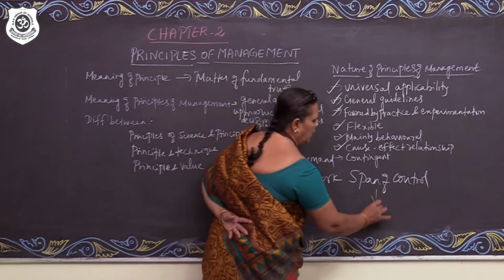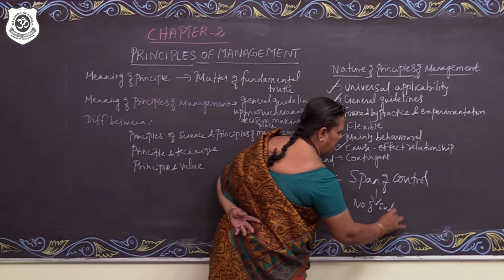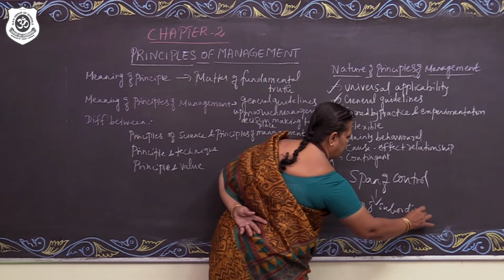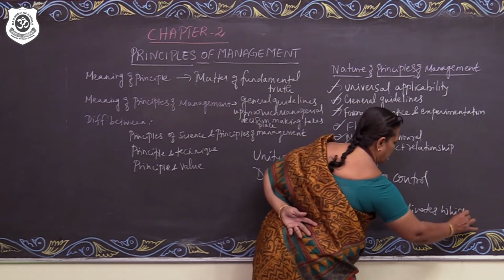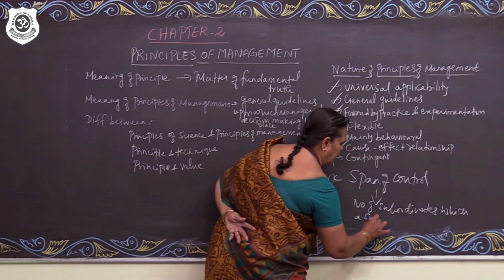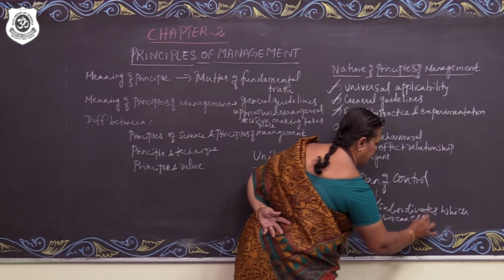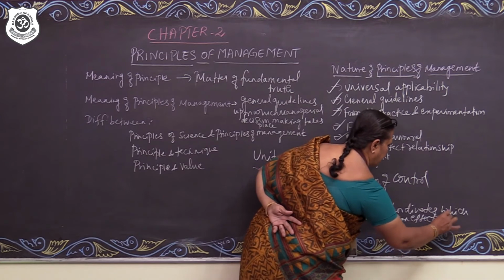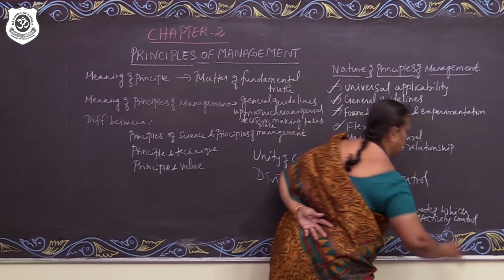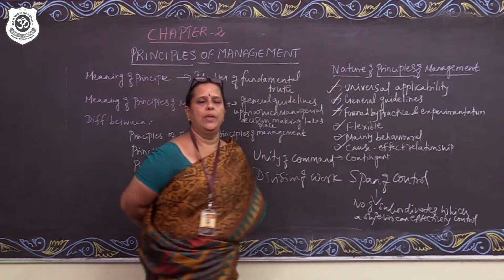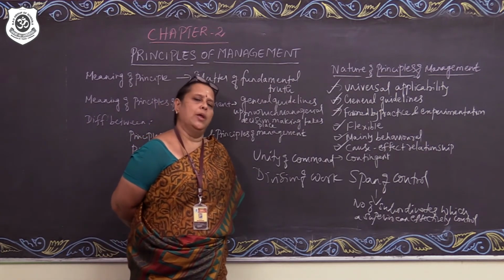Span of control is the principle which says the number of subordinates a superior can effectively control. So, the number of subordinates a superior can effectively control is defined by the principle of span of control.